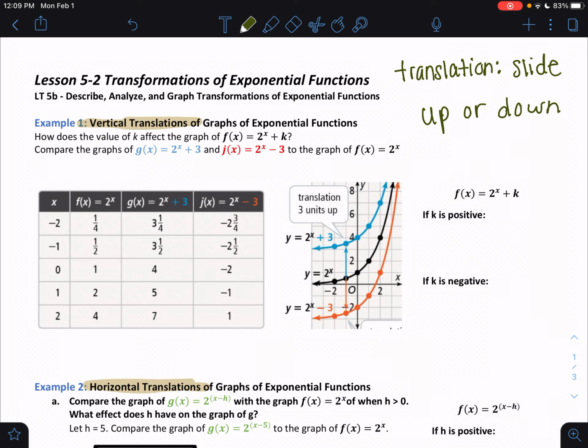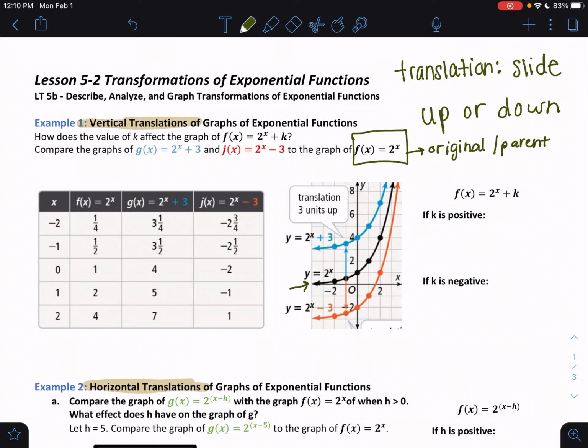So we're going to look at f of x equals 2 to the x. And this is our original function, or the parent function, as they're called. So this is our base function, and we're going to move this. And that is what is in black right here.